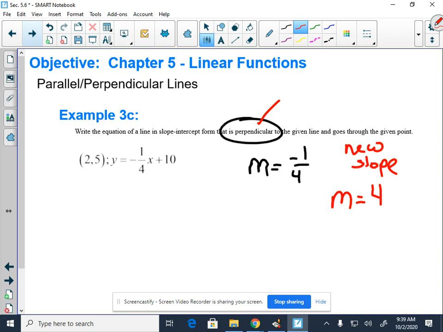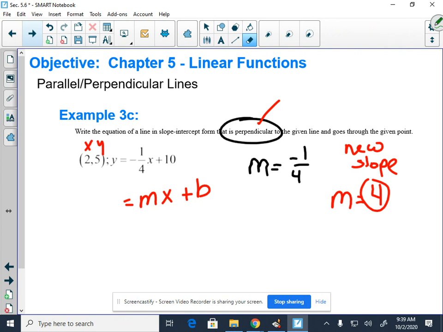Good. Now, can you take this, and you take x and y, and can you put them in and figure out b? And you're like, I'm still not getting that part. Well, let's see if I can help you out. You got to replace y. So instead of y, we're putting in 5.